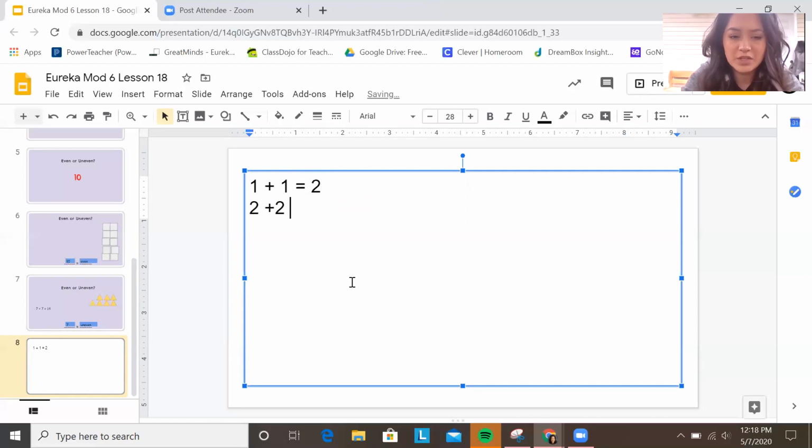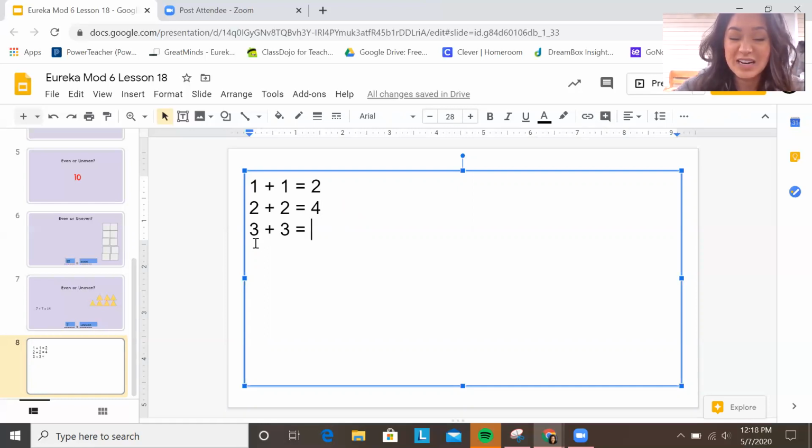Let's keep going. 2 plus 2. Is 2 even or uneven? It's even because if I were to give out 2 pieces of candy, 2 students would have the same number. All right, 2 plus 2 equals 4. And we know that every doubles fact has an even answer. Let's keep going. 3 plus 3.